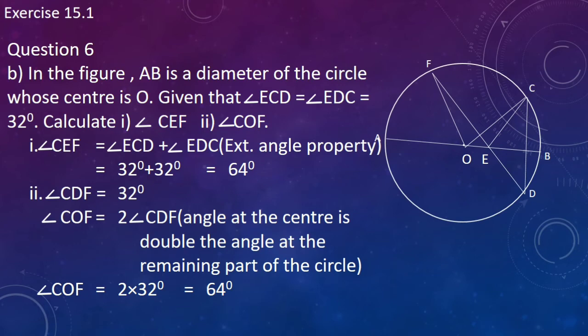Now, angle COF is equal to 2 angle CDF, because angle CDF is the angle subtended by the arc CF at the remaining part of the circle, and angle COF is the angle subtended by the arc CF at the center of the circle. Therefore, angle COF is equal to 2 into 32, that is equal to 64 degree.